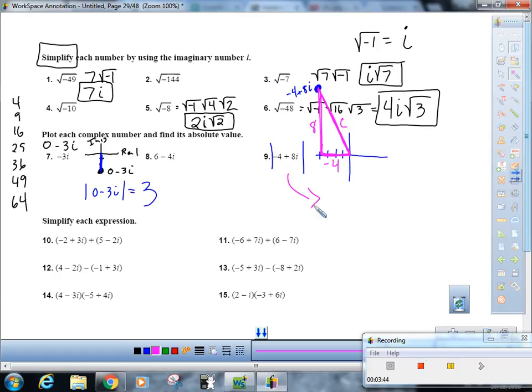So the absolute value is equal to the square root of -4 squared plus 8 squared, which is the square root of 16 plus 64, which is the square root of 80. Take a guess. Which of these numbers do you think go into 80?